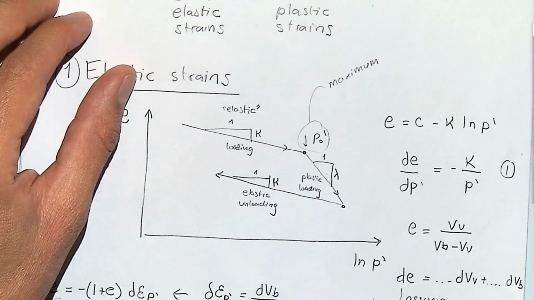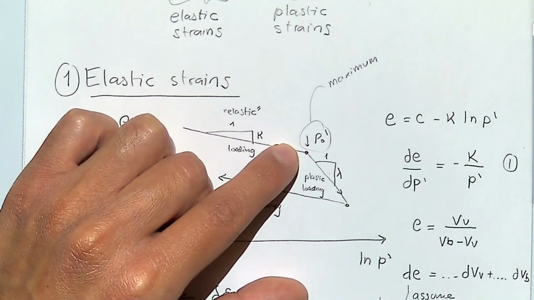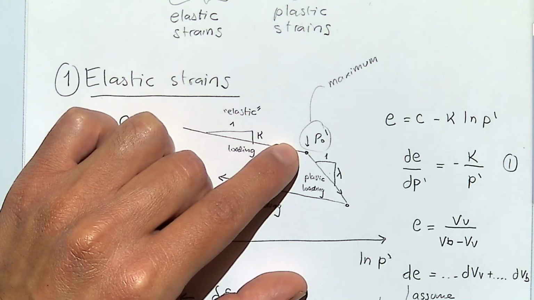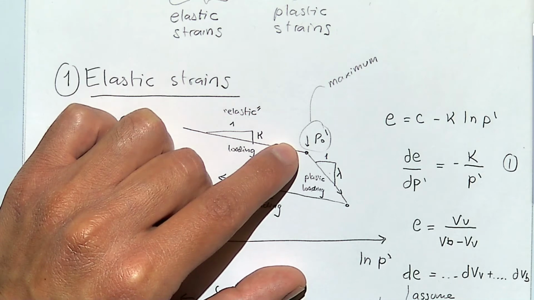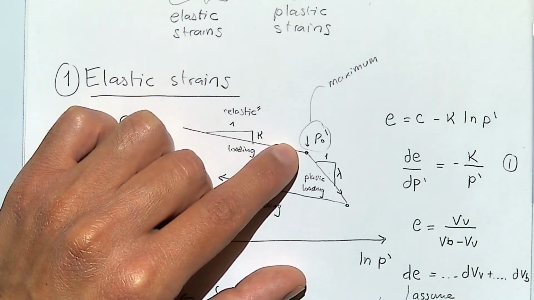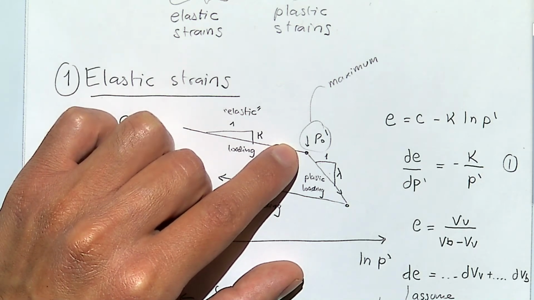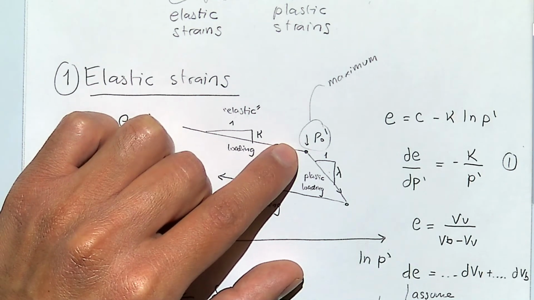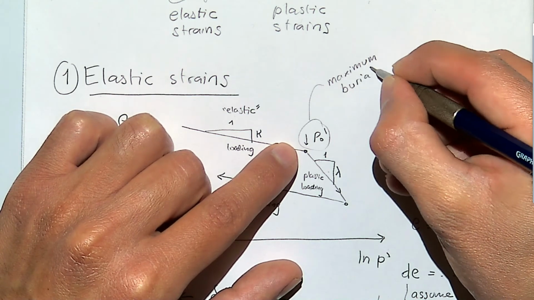I know in mechanical terms it's pre-consolidation stress, but in geology it has another name. I don't remember if it's the historical burial stress or the maximum burial stress. I'll remember, okay? But it's something like this.